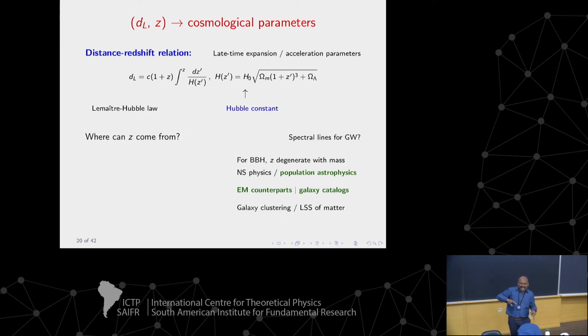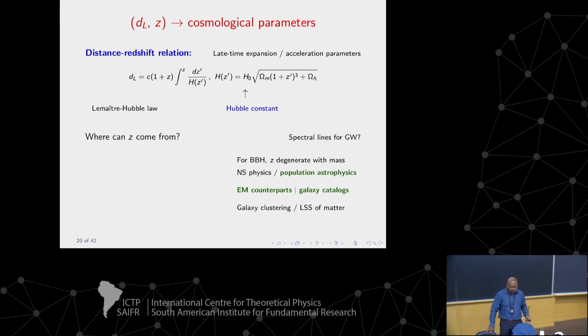So if one looks at the large-scale structure in the distance space, that essentially carries information about what the redshift of a certain distance shell is. Again, that is a weak information, but it can possibly be exploited for the next generation. I'm going to talk very briefly about that as well.